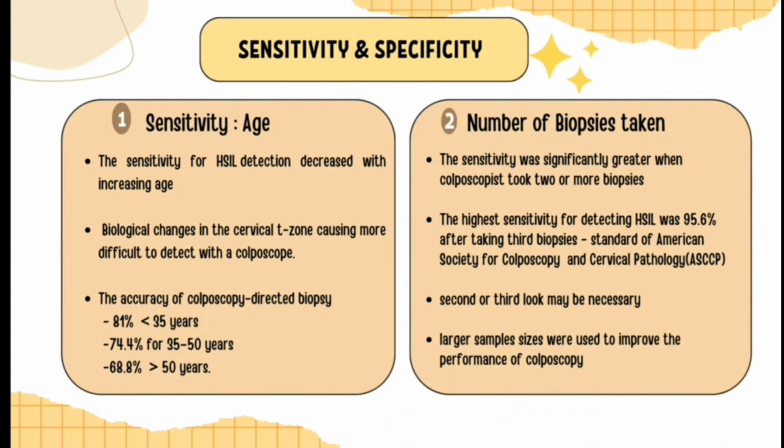This finding has been confirmed by a study by Robert and Wensenson, who reported the highest sensitivity for detecting high-grade dysplasia was 95.6% after taking 3 biopsies, according to the standards of the American Society for Colposcopy and Cervical Pathology, ASCCP.